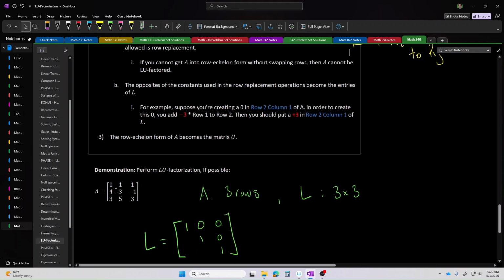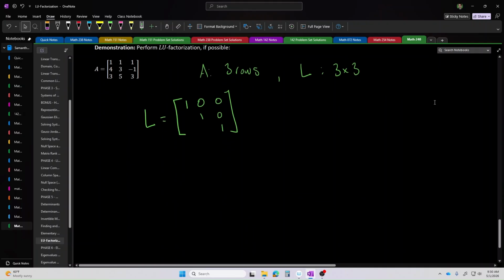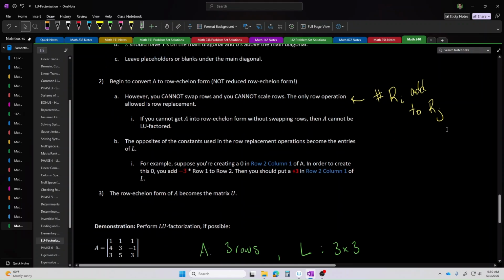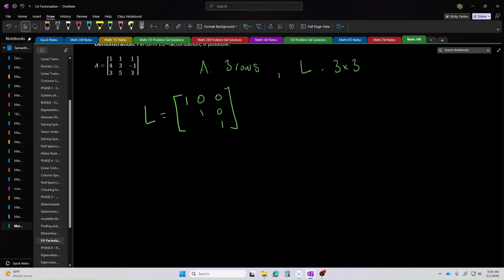So let's go ahead and perform that action on this matrix A. Let's go ahead and write this matrix A in row echelon form. Let's eliminate these values underneath the diagonal, underneath the pivot positions, using only this action of adding copies of one row to another.